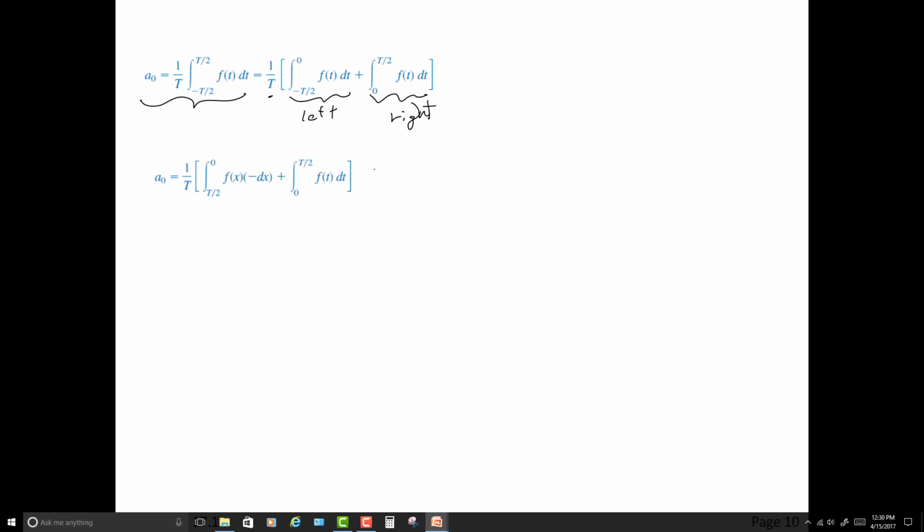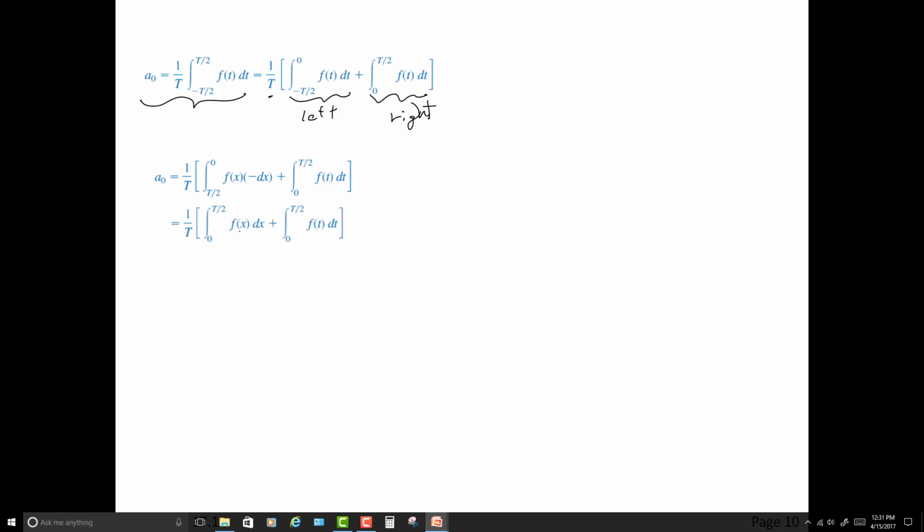So then it's 1 over t times, we'll do a substitution of x for t so that we then have minus dx. So we're substituting x for minus t, or minus x for t, if you want to say that. And then from 0 to t, we'll keep that part.